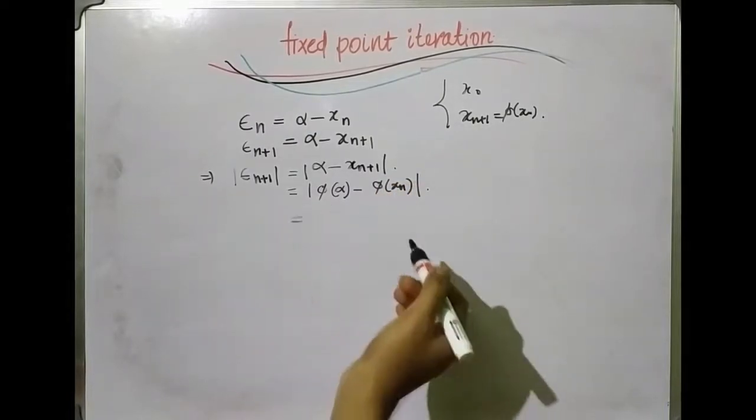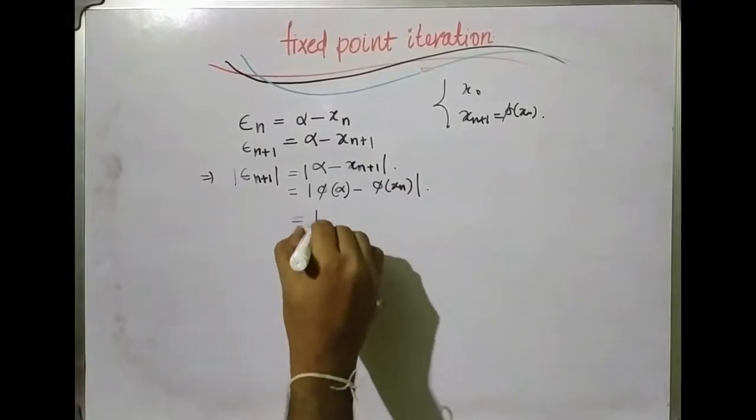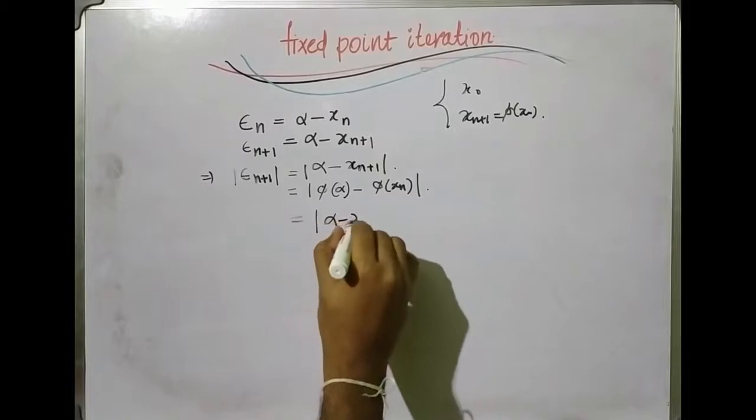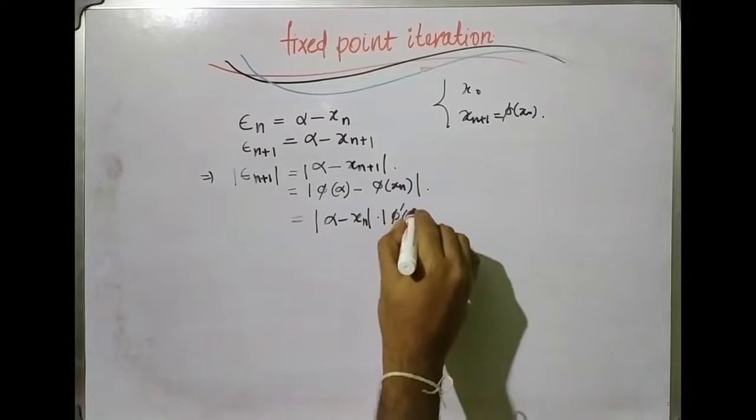So applying mean value theorem, as I explained in my previous video lecture, you will find that it will be modulus of alpha minus xn into phi dash xi.